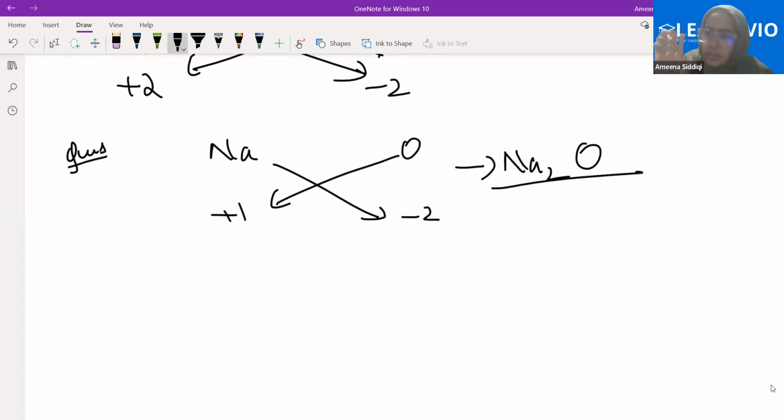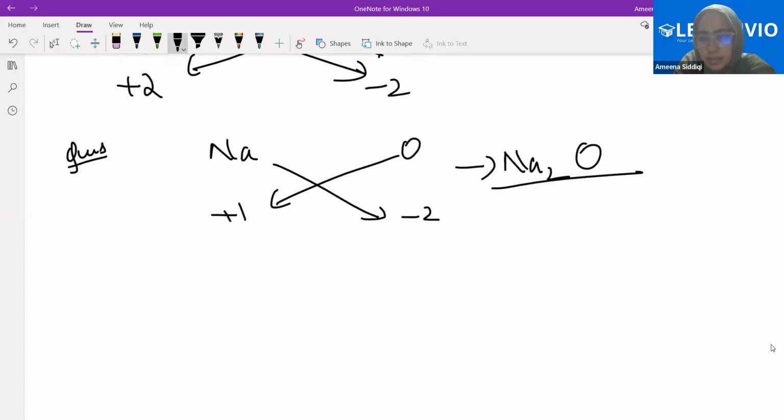But one question. This is the formula that is very correct. What does this 2 signify here? What is this telling us here? Why do we need to have two here? It basically gained two electrons from oxygen.